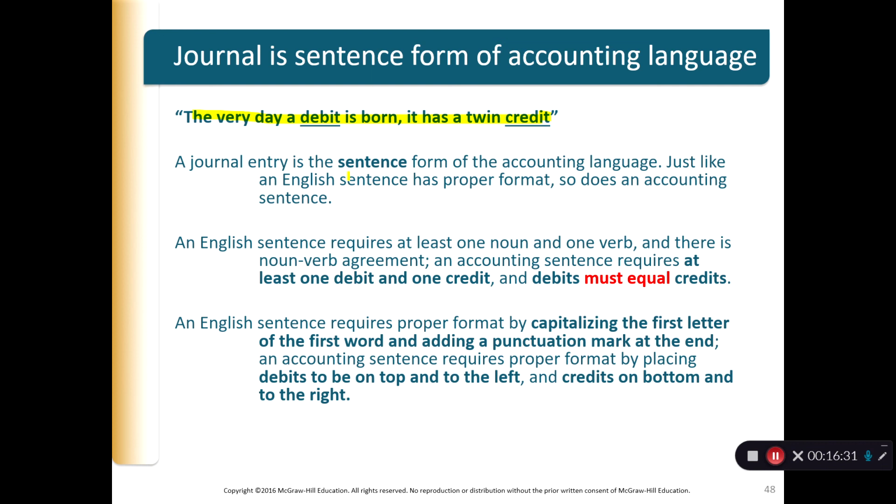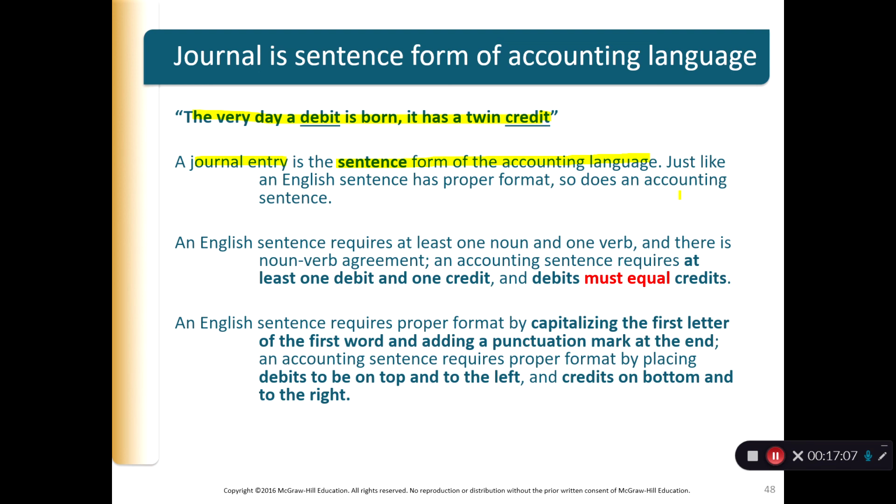A journal entry is actually a sentence form of the English language. It's like when we're writing English paragraphs or papers, we start with words and then put them together into sentences, right? The journal entry is the sentence analogy in accounting. We learned the accounts, which are like the words, but we want to put them into a story.